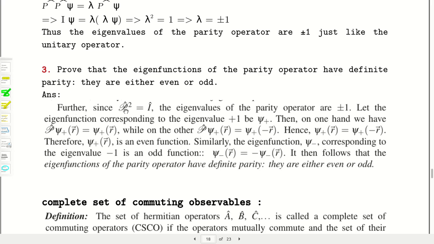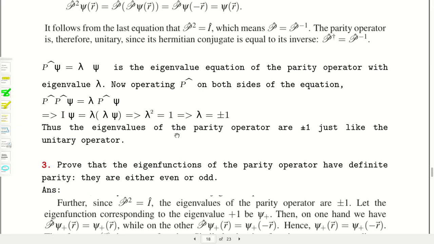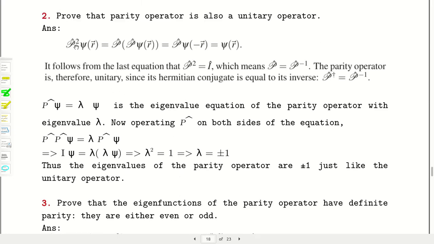So let us take it step by step, where P square operator is the identity operator because it is proved in the previous formula. P square means P operating on P on psi, and now P on psi will give you psi of minus r. Next P operating on psi of minus r will again flip the sign of the r vector, that is psi of r will be given.